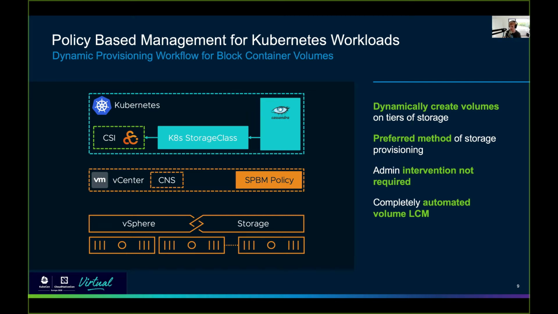So it says, okay, well, I'll hand this call off to the vSphere CSI provider. It looks at that request and says, okay, we're going to send this to the vCenter that I'm registered with. So it sends it to the vCenter. CNS looks at the request and says, okay, this is a read-write once volume, and it requires this SPBM policy. So it sends that to the SPBM engine, and then it just creates that volume based on what the policy said. So it will create 2 copies of the data, mount it up into the appropriate Kubernetes worker node, format it with a file system, and mount it into the container. So end to end, that is completely automated after you create the Kubernetes storage class, which is really very nice.